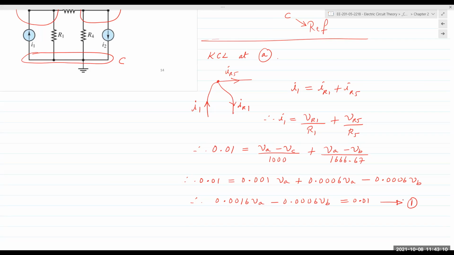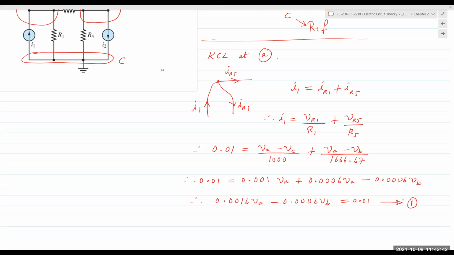Your ground does not necessarily have to be 0, and you will see that in the next slide. Voltage is always measured with reference to some other point. That point can be ground, or it could be something else in the circuit. But for the purposes of that measurement, that reference point will be equal to 0. And so VC is 0 in this equation. That's gone, and we have this expression.